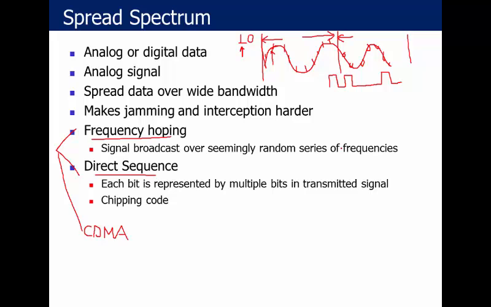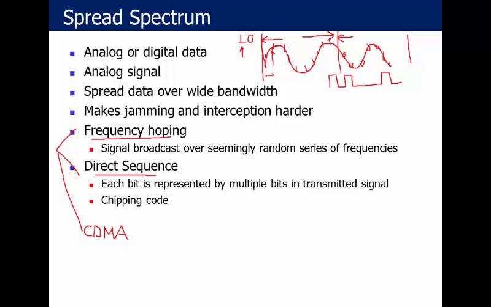Direct sequence spread spectrum is that the bit can be represented by multiple bits of the signals. So for one data bit, multiple signal bits will be used, as I exemplified here, right? So they are all one bit appearing several times.